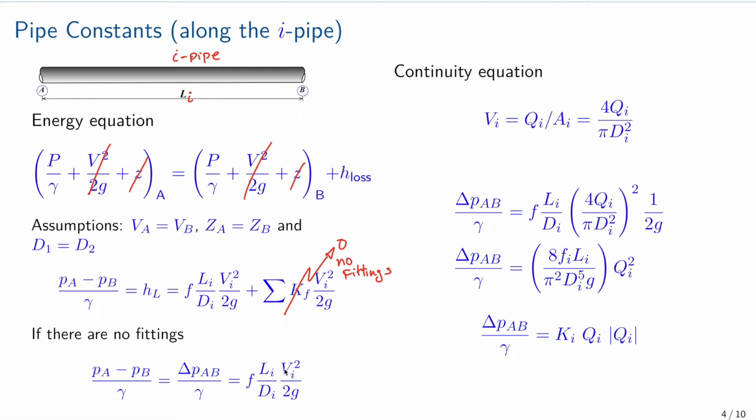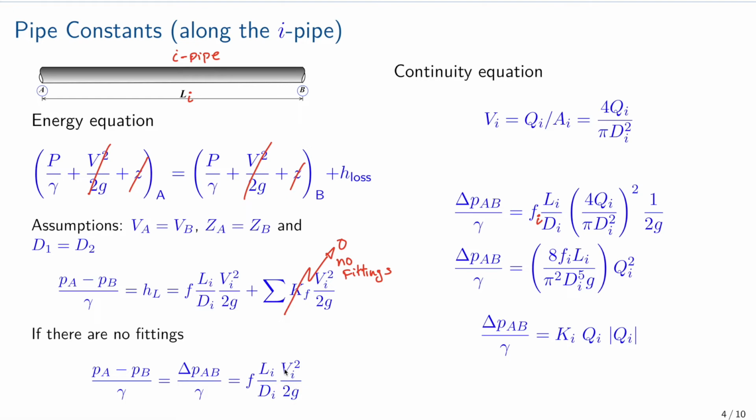When we replace that for the velocity term, we have that delta P over gamma is equal to the friction factor, particular to that pipe, multiplied by the length of the pipe divided by the diameter of the pipe, multiplied by the velocity squared, divided by 2g.